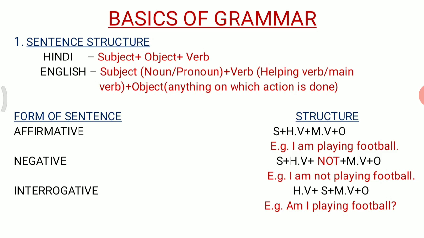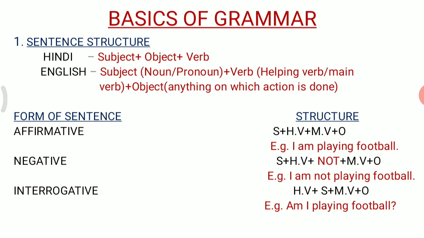And the change from positive to interrogative is very easy. If you want to change your positive sentence into an interrogative sentence, I am going to give you a very simple trick.